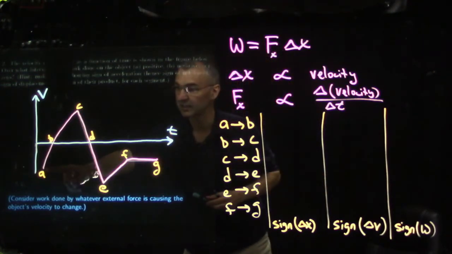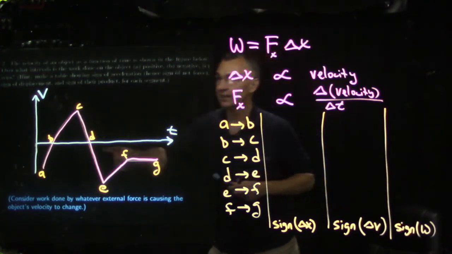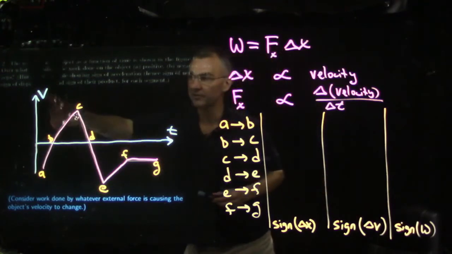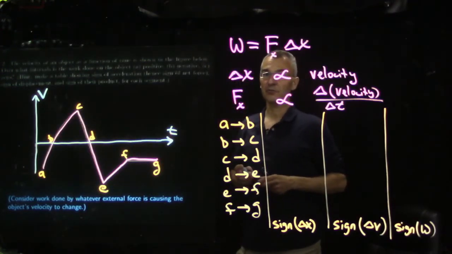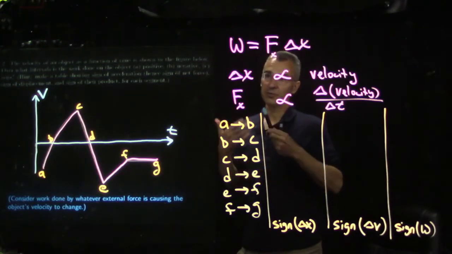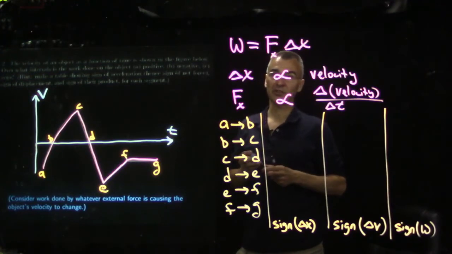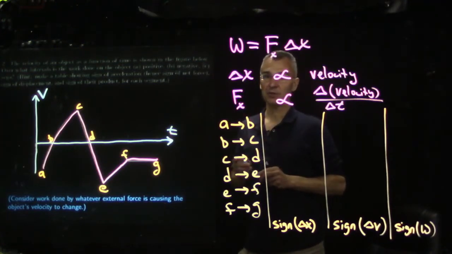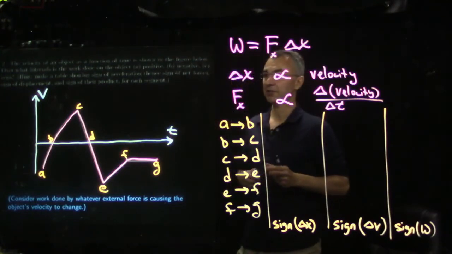So if the velocity is negative, then the object was displaced in a negative direction. If the velocity is positive, then the object was displaced in a positive direction. Here's velocity versus time. Meanwhile, the force responsible for this change in velocity: remember, a change in velocity with respect to time is acceleration, and force equals mass times acceleration. So the force being applied must be proportional to the change in velocity between the two time intervals.